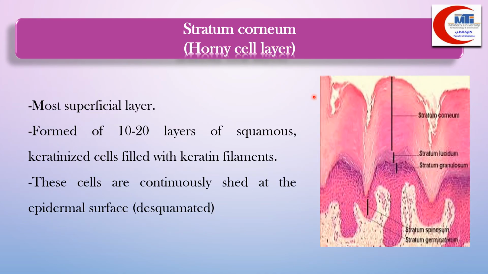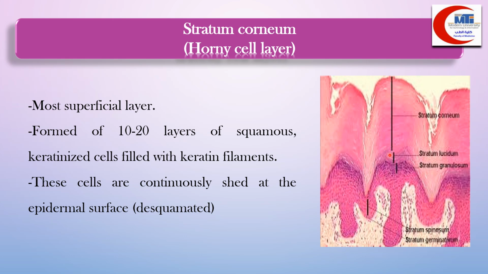The stratum corneum, or horny cell layer, is the most superficial layer. It consists of several layers of acidophilic horny scales or horny cells, which have neither nuclei nor organelles. It is formed of about 15 to 20 layers of squamous keratinized cells filled with keratin filaments.